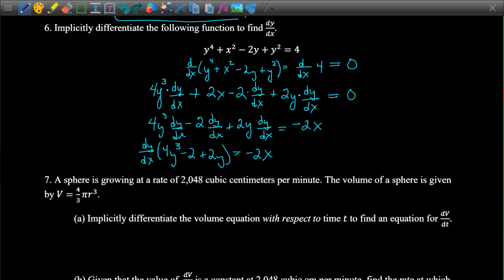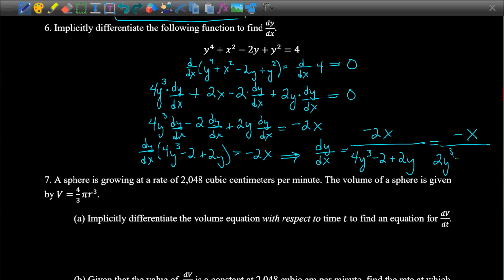And finally, we solve for dy dx. And in this particular one, we can simplify this just a little bit. We might as well. And that is dy dx.